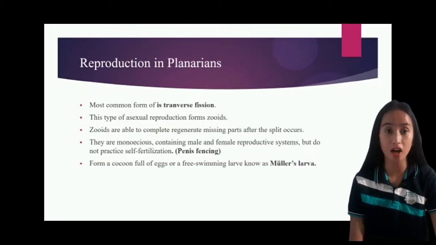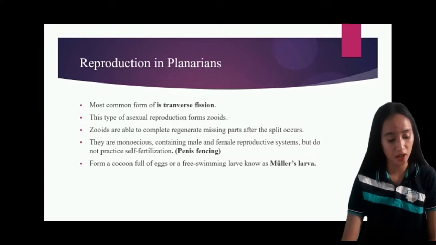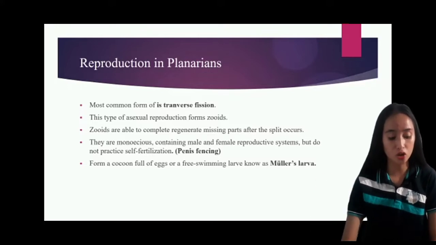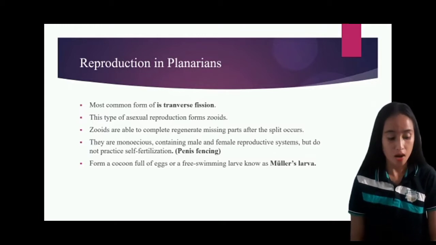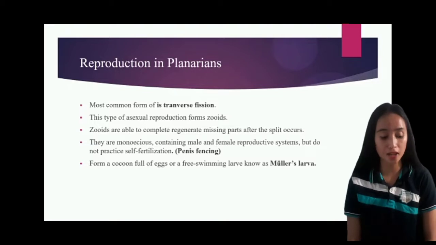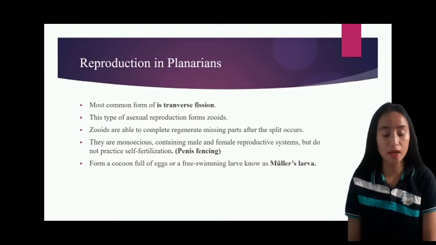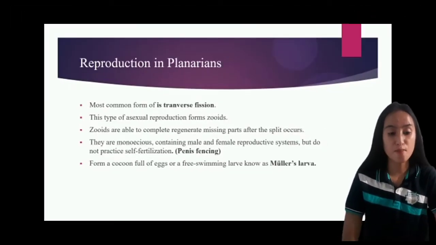Examples of planarians are Dugesia japonica, Dugesia gonocephala, and the last one is Dugesia dilemma. The planarian has a soft, flat body that may be black, brown, blue, gray, or white.